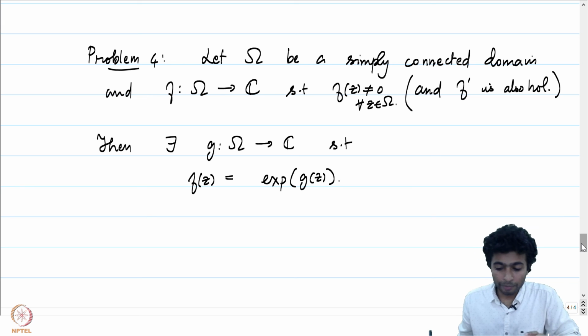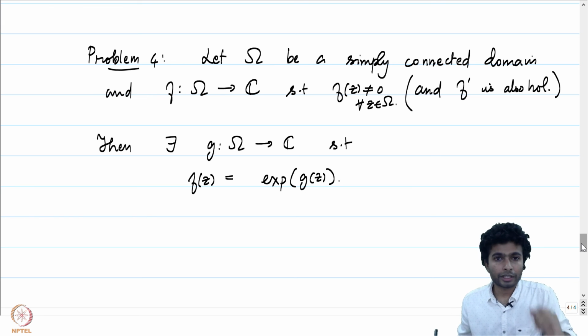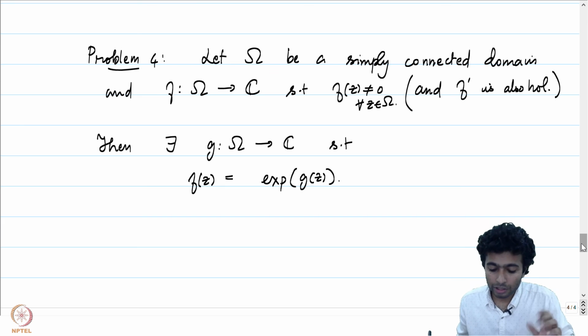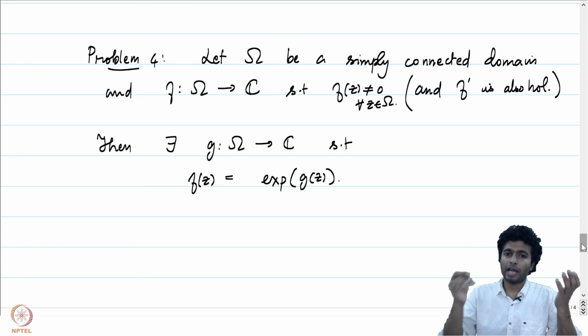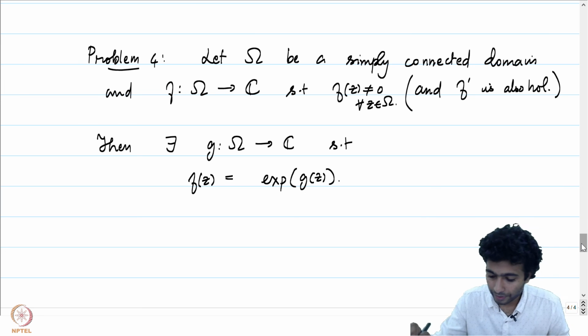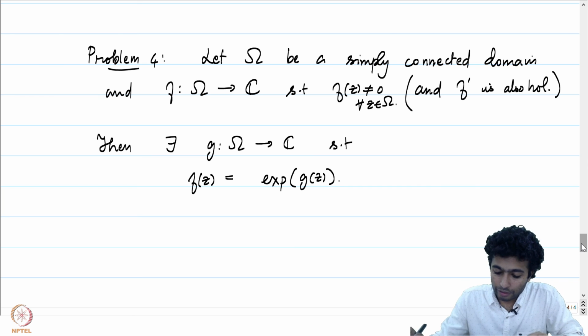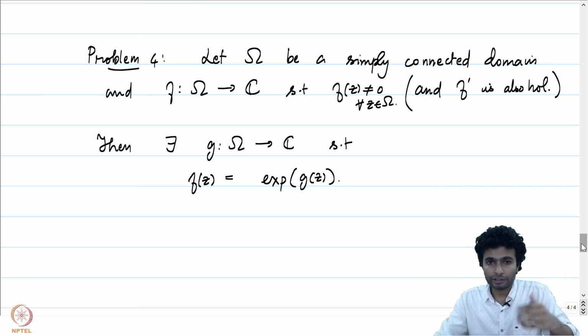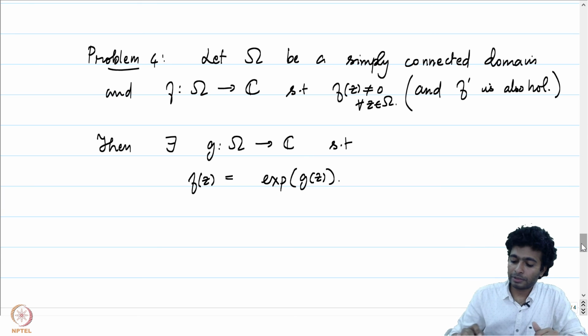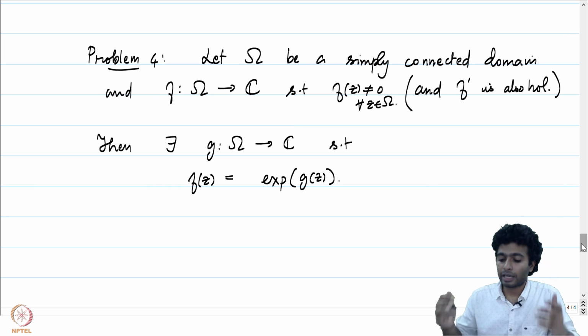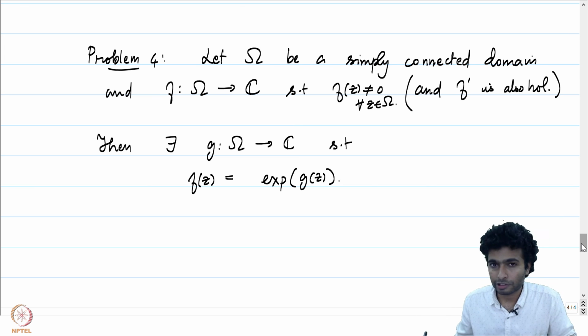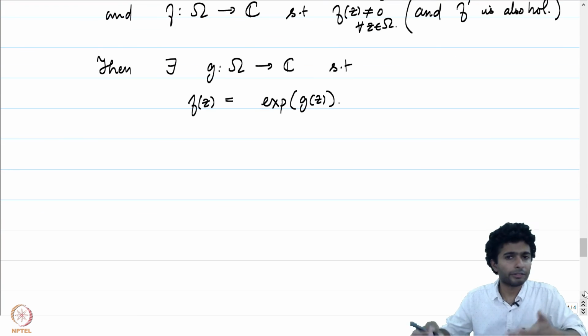Notice that if omega is a simply connected domain which does not contain the origin, and we consider the identity map f of z is equal to z, that is a holomorphic function, and the conclusion tells us that we will be able to get hold of a function g which will behave like the logarithm, such that exponential of g of z is equal to z. So, this is in some sense the extension of the classical logarithm which is defined on the positive real numbers. Let us give a proof of this.